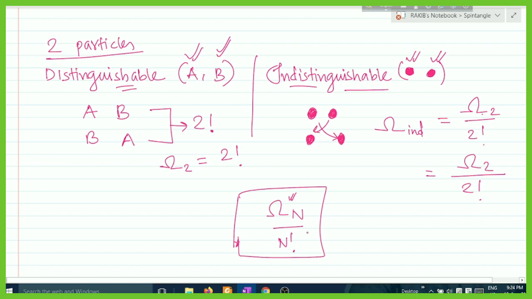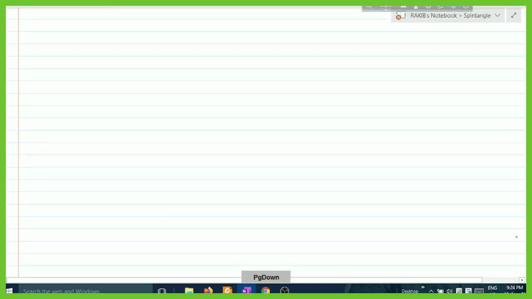Distinguishable particles create various other microstates, ABC, BAC, CAB, whatever it is, but indistinguishable particles create the same microstate. That means you have to divide by n factorial to describe this. This is what we call distinguishability and indistinguishability.